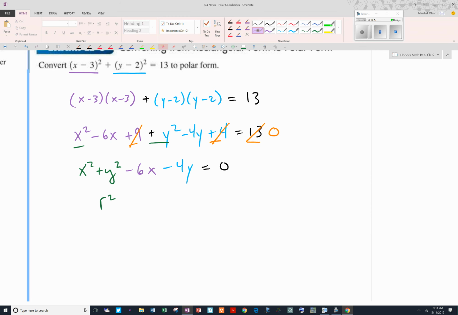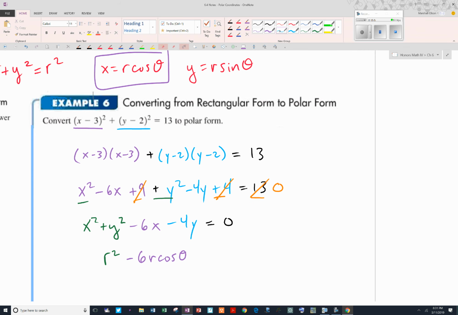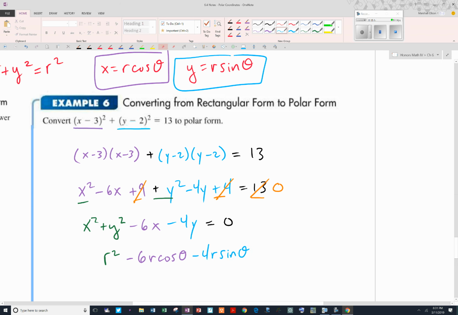We know that in minus 6x, the x can be replaced with r cosine of theta, because x equals r cosine of theta. I just use that idea right there. y equals r sine of theta, so we have minus 4 times r sine of theta right here. And all of this equals 0.